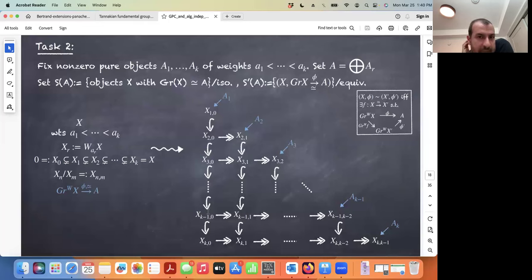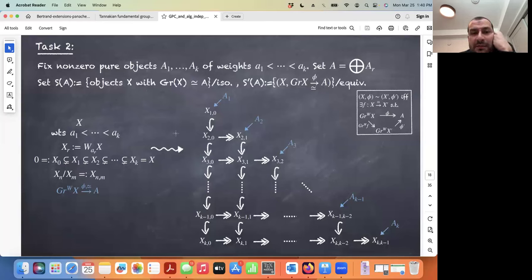The way I'm going to approach the problem of classifying all X with associated graded isomorphic to A, for both of these classification problems, is by trying to classify all such diagrams. I'm going to make this more precise; we need a category of such diagrams first. But intuitively, we're going to look at all such diagrams, up to the right notion of equivalence, depending on whether we're interested in this or this.